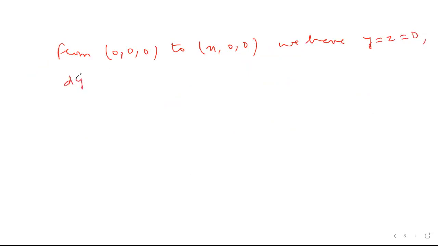Now from 0, 0, 0 to x, 0, 0, we have y equal to z equal to 0, and that means dy and dz are 0.